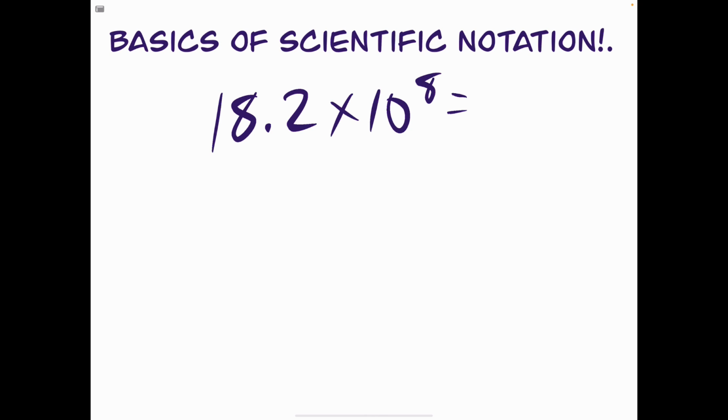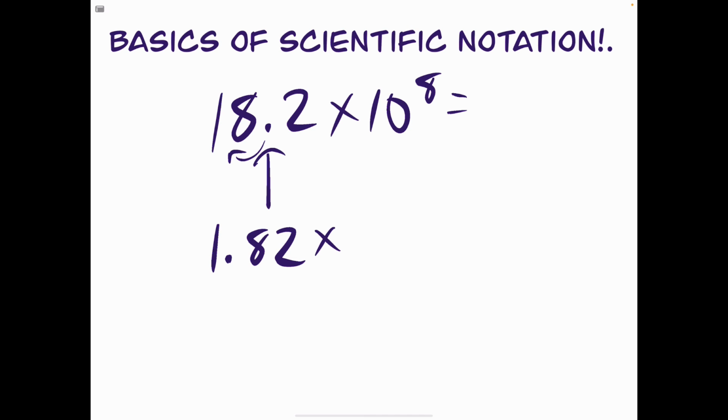Alright, one last thing you have to be careful of is little things like this. So this is 18.2 times 10 to the 8th. But this is not a number between 1 and 10. So it's technically not in scientific notation. To get this into scientific notation, we just need that decimal point to shift one extra place to the left. But we need to adjust the power of 10 for that.